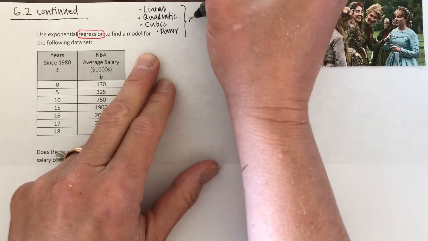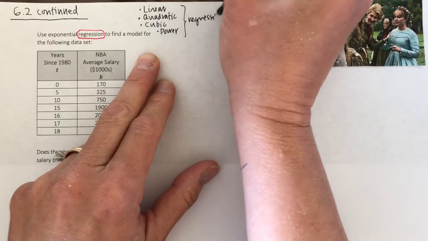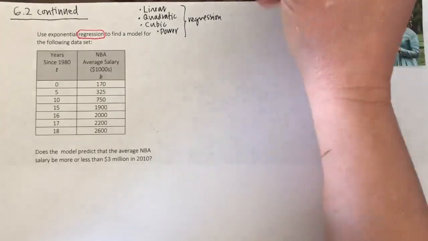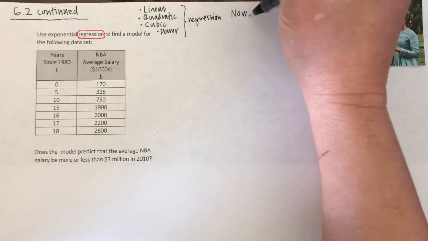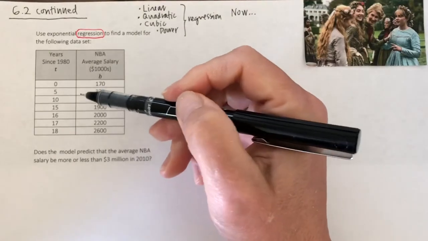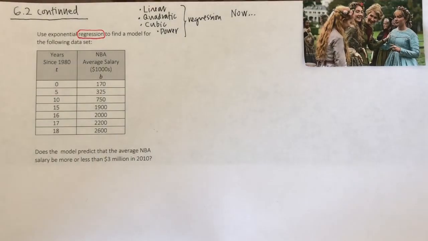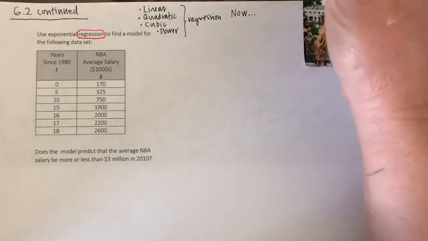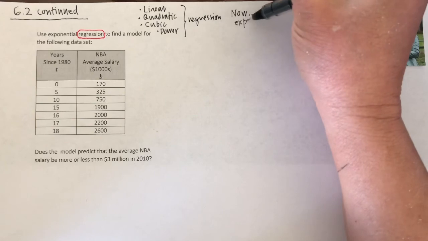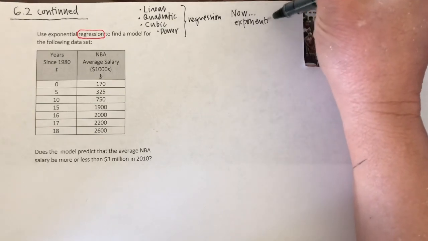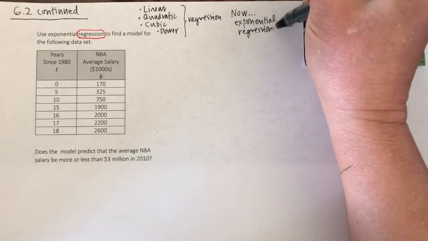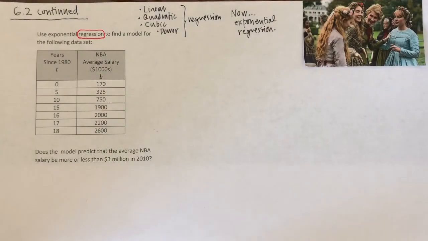These are all types of regressions we've seen, or at least linear and quadratic we've seen. And now, sometimes you can kind of tell that your data is growing really rapidly, or they will tell you to do an exponential regression. So we need to get at least a little practice with exponential regression. It works in a very similar way, though.